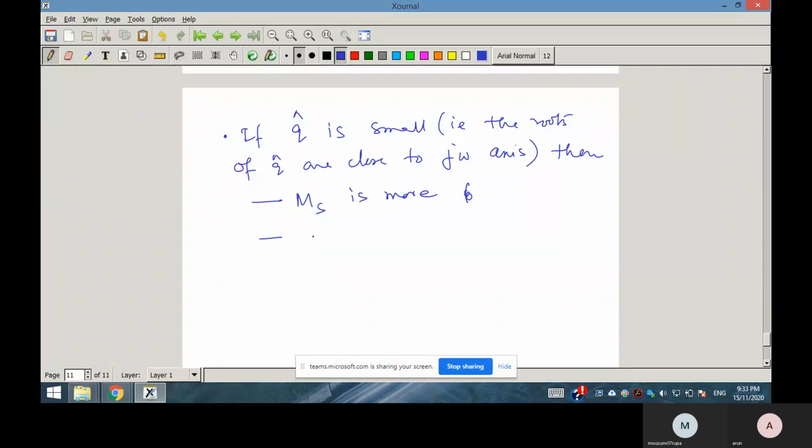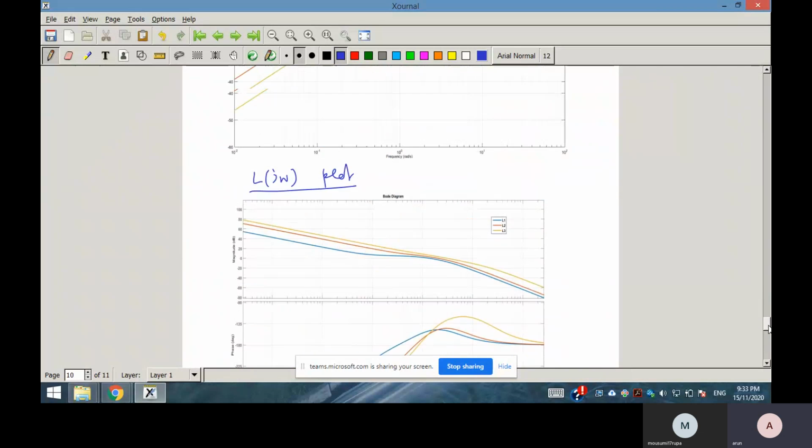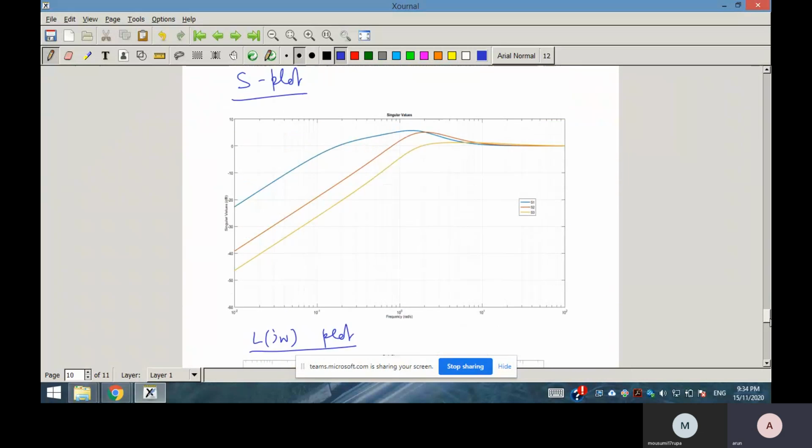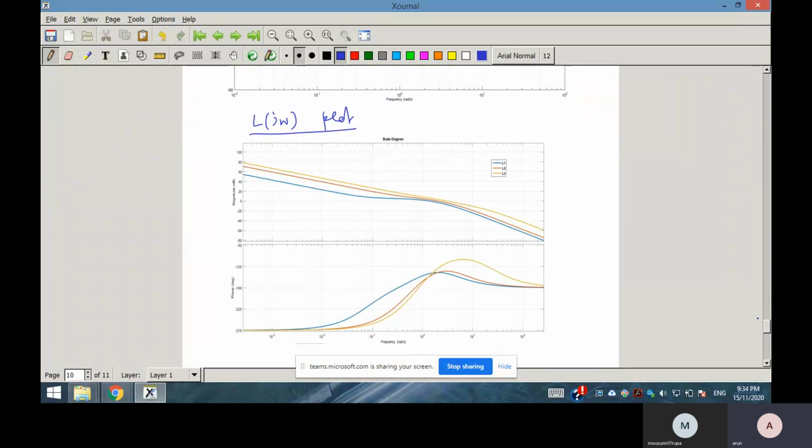Number one, disturbance attenuation is poor. Why is disturbance attenuation poor? MS is more, and disturbance attenuation is poor. Why? Because here at low frequency the gain is less compared to the others.